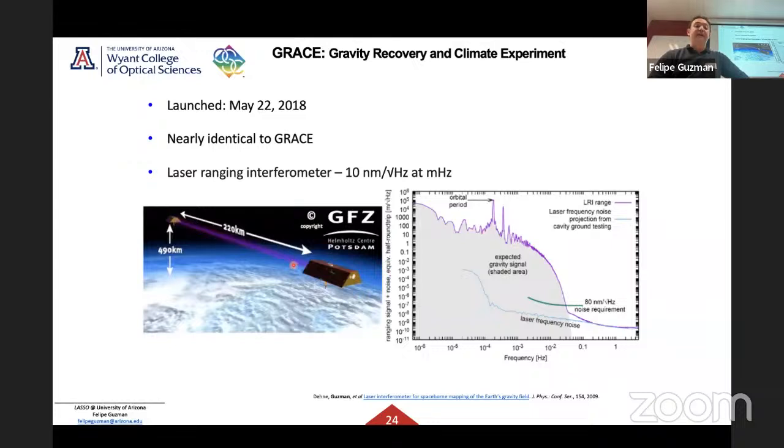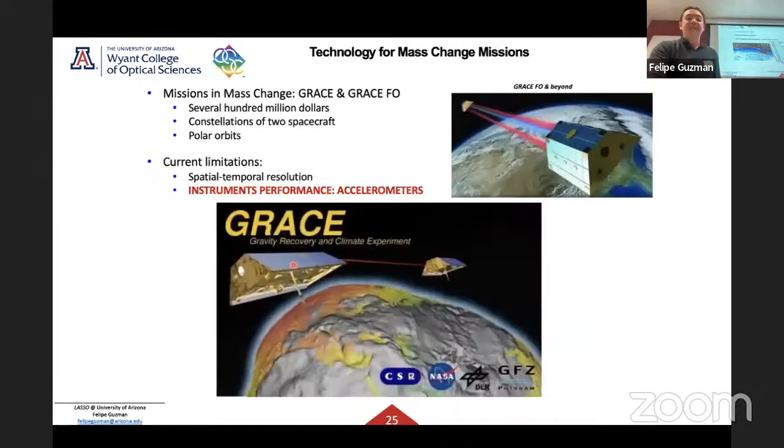And for the subsequent mission that is planned to be launched in 2028, the baseline will be a laser interferometer. We're scratching completely the microwaves. So that has been a giant success. Now, for these missions, there are other instruments that are the limiting factor, no longer the inter-spacecraft metrology, but actually the accelerometers.